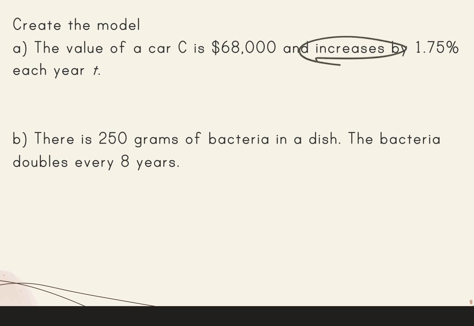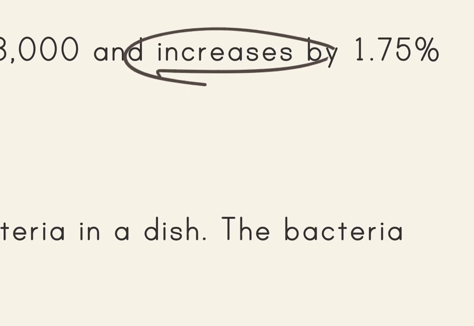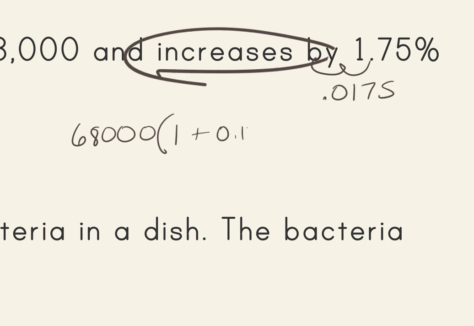It's increase, which means I'm going to take my percent, convert it to decimal, and add it to 1, and that becomes my base. So 1.75 goes to 0.0175, good. And then I get my initial value, which is 68,000, times 1 plus 0.0175 raised to the T.